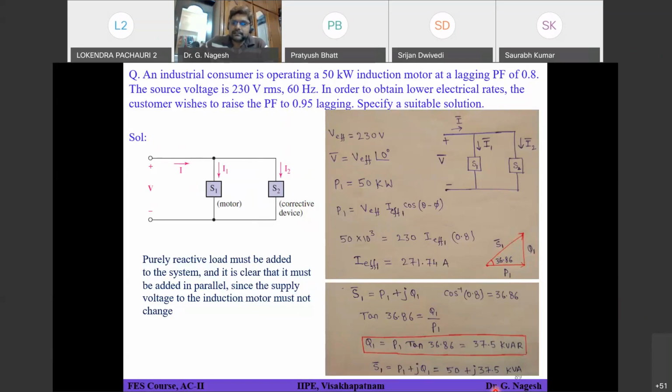So you can calculate the new phase angle theta for the complete load, for both loads. Once you get theta, your total real power remains the same because P2 is 0 and P1 remains the same, 50 kilowatts. So from that theta and the total power P, you can calculate the new Q value. Did others get it or not?